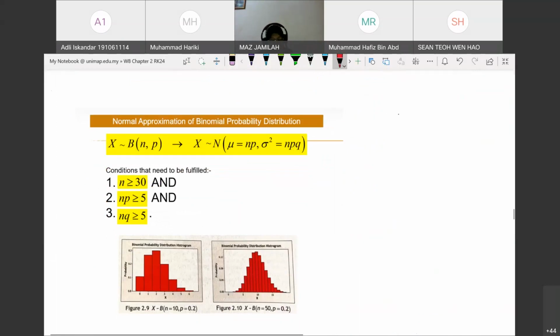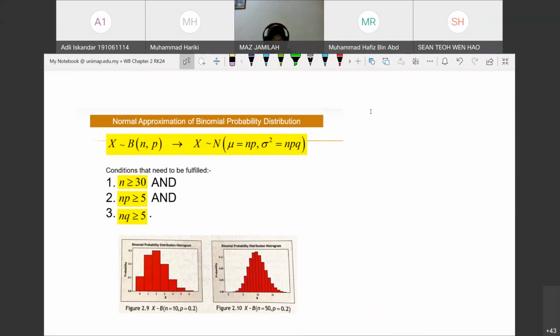If you have a binomial problem, sometimes it would be easier to solve it than using the normal or standard normal probability distribution. It depends. If you have a question where you are required to use the approximation of a certain probability distribution, then please follow the instruction, because marks will be given based on the instruction given in the question.